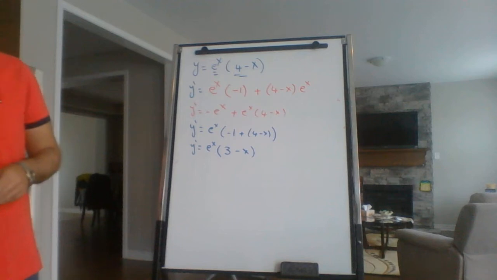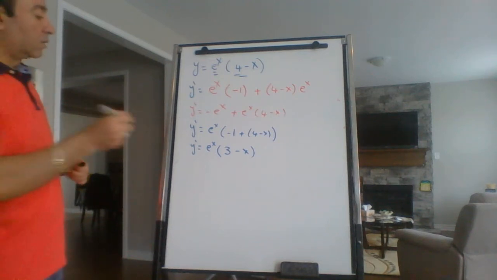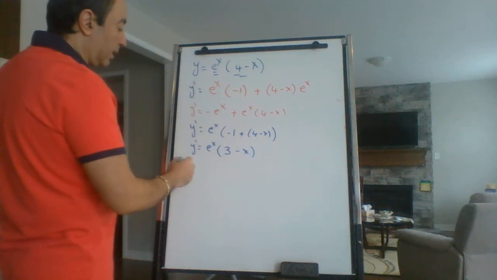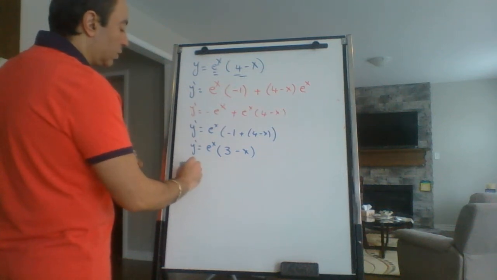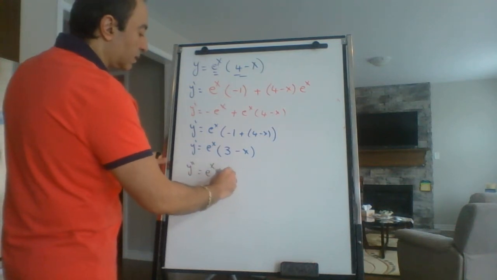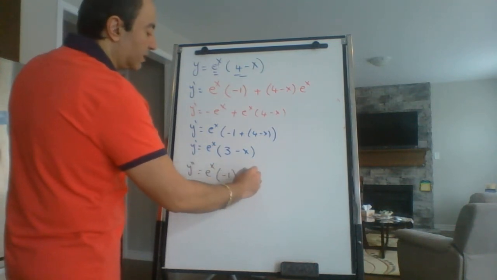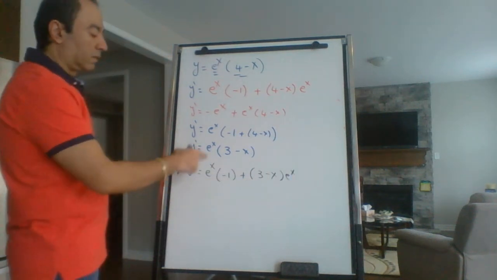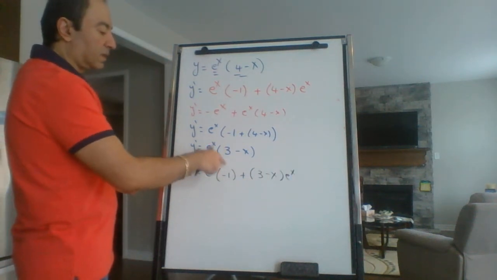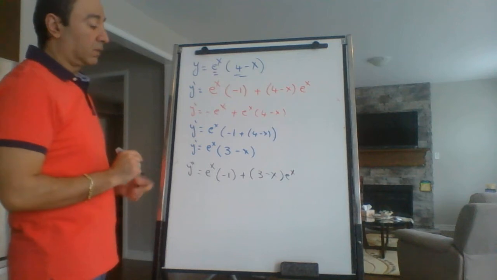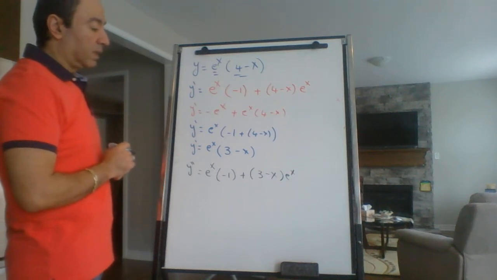If we want to find the second derivative, we can use the product rule again. So first times the derivative of the second plus the second times the derivative of the first. The derivative of 3 is 0, negative x is negative 1, and the second times the derivative of the first is this.